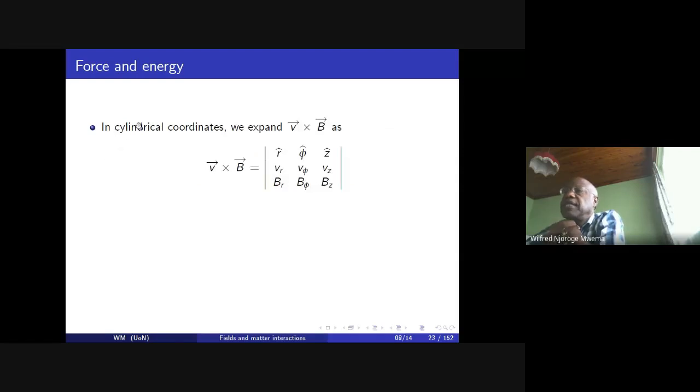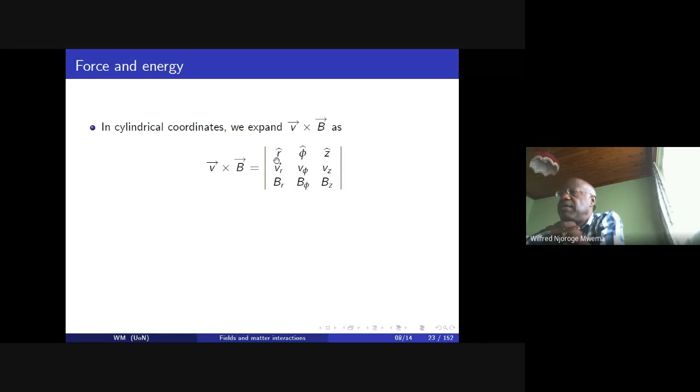So in the cylindrical coordinate systems, we can expand V cross B as follows. That is the r cap, phi cap, and z cap, the radial component, the azimuthal component, and the z component, and the B's are the same. And we take that as a determinant.